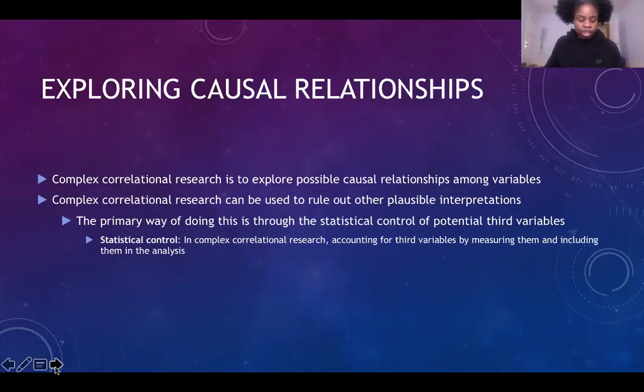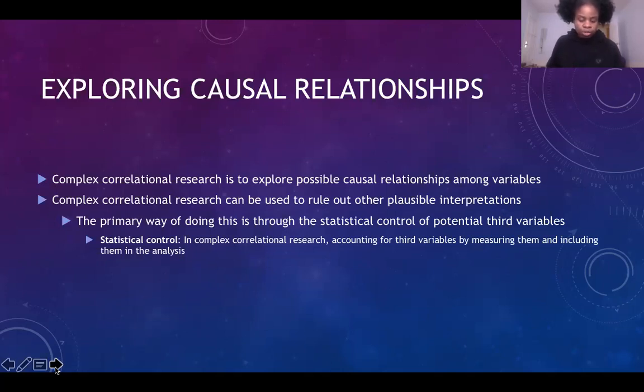An important use of complex correlational research is to explore possible causal relationships amongst variables. It is true that correlational research cannot unambiguously establish that one variable causes another. However, complex correlational research can often be used to rule out other plausible interpretations.